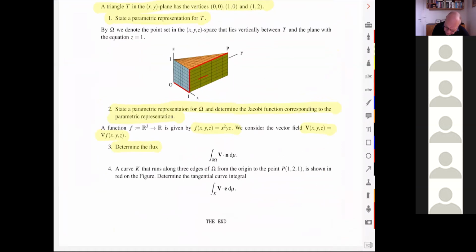You can see this red line here that will take you from the origin O to the point P. And then you should, along this curve, determine the tangential curve integral.